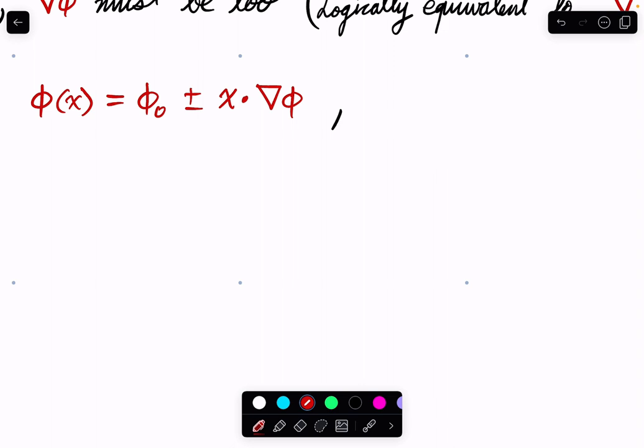So I'll put that in here and emphasize this. So these are both 4 vectors.